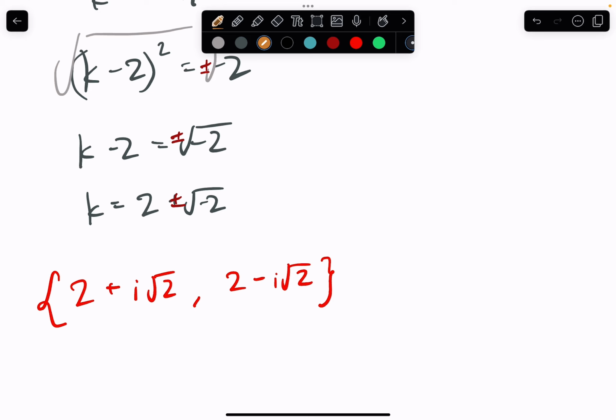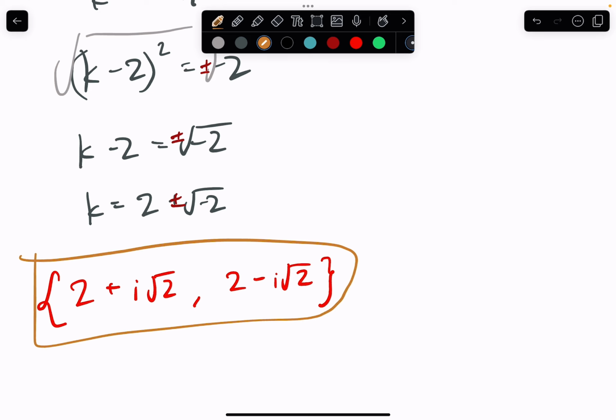So this is the answer. Take note how this becomes this and this.